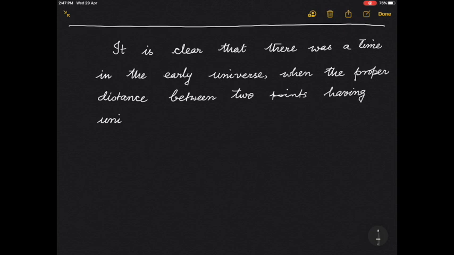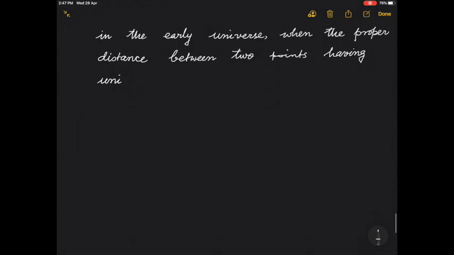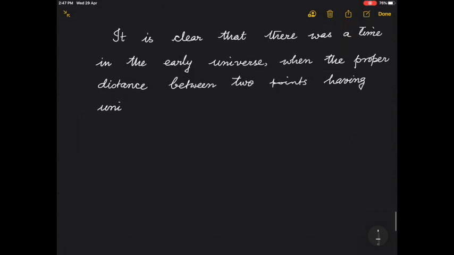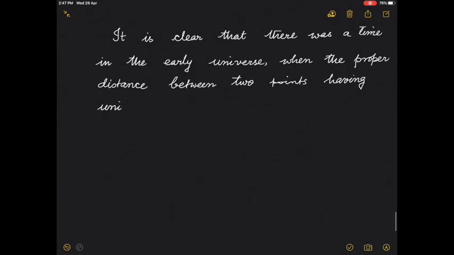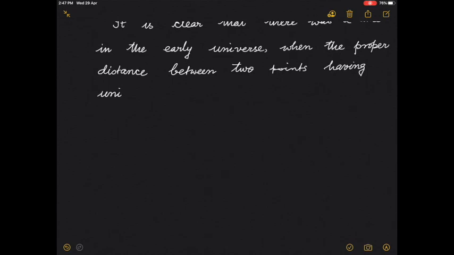unit comoving distance. What I call unit is not very important here, because if I call it 1 meter, for it to become smaller than 1 millimeter will take a certain time in the universe. If I call it 1 kilometer, it will take a different time in the universe, but it will always happen in such an expanding universe.